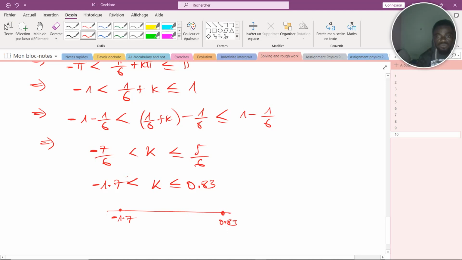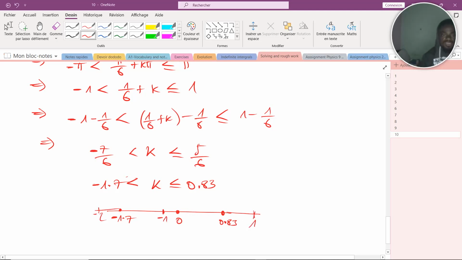This is already a number greater than 0, so I can put my 0 somewhere here. This is minus 1, because this number is greater than minus 1, and my minus 2 will be here. After this number, I'll have the whole number 1.